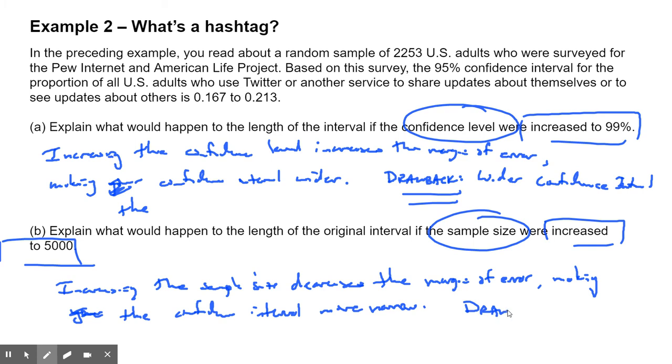And again, you have to look at what the drawback would be. Well, if you are asking more people, that's going to cost you more time and money. Because to get all those people surveyed, you've got to hire more people, and that's a problem.